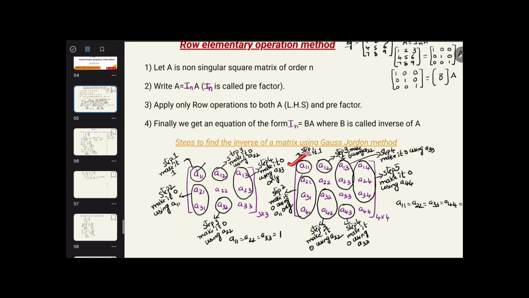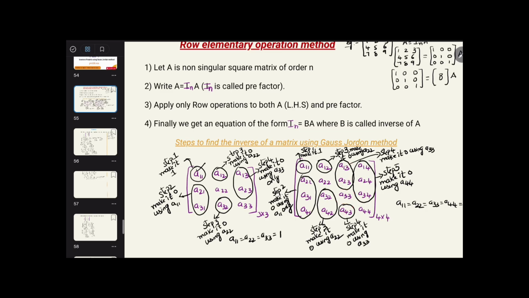This is a 4 by 4 matrix. So what is the first step? I have to make A11 equal to 1 by swapping with any other row which has the first element as 1. Next, we have to make these three elements 0, making use of A11. Next, what is the third step? We have to make these three elements 0 by making use of A22, the second diagonal element. In the same way, the fourth step is we have to make use of the third diagonal element and make these three elements 0.